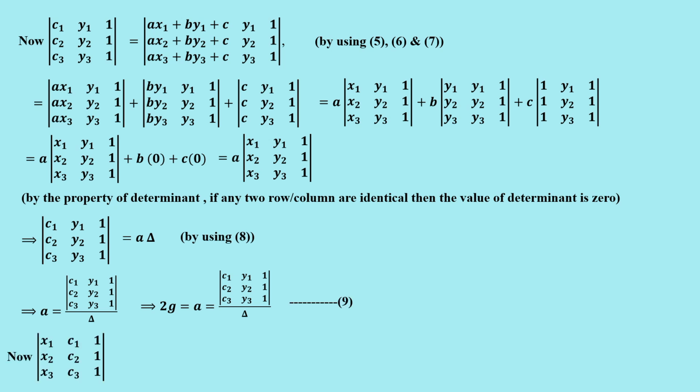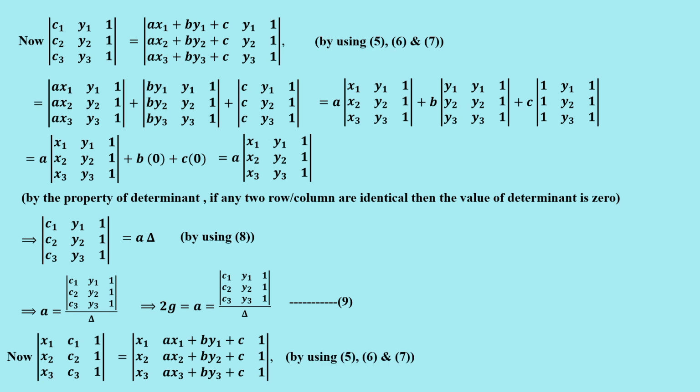Now we are going to consider the next determinant x1, x2, x3, c1, c2, c3, 1 1 1. So substituting the c1, c2, c3 values, right, from equations 5, 6, 7: x1, x2, x3 in the first column, in the second column ax1 plus by1 plus c, ax2 plus by2 plus c, and ax3 plus by3 plus c, then the last column 1 1 1, right?